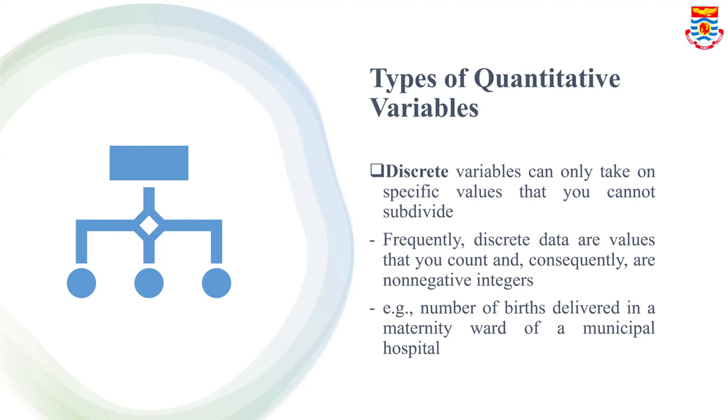For example, we go to a maternity ward in a municipal hospital, in a community health facility, either in a teaching hospital, wherever you go to and say you want to know the number of births delivered in a day, they are countable.